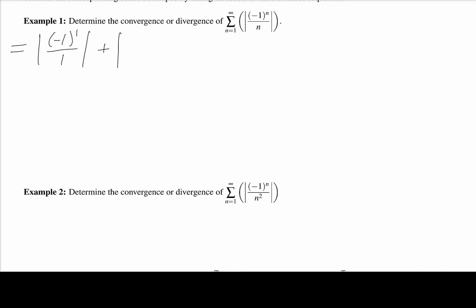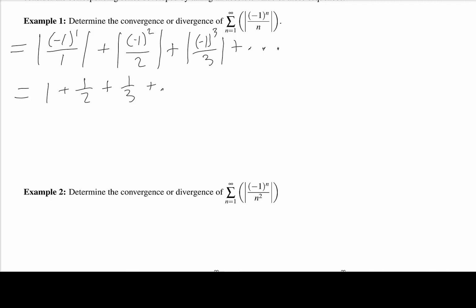If I plug in 2, we'll have the absolute value of negative 1 to the 2 over 2. And for 3, we'll have the absolute value of negative 1 to the 3 over 3, and so on. Well, this is going to look like 1 plus 1/2 plus 1/3, and so on.